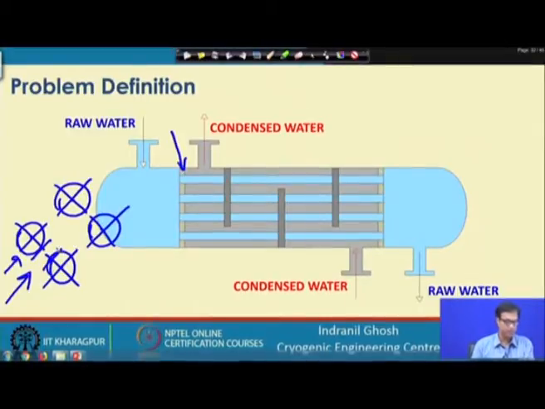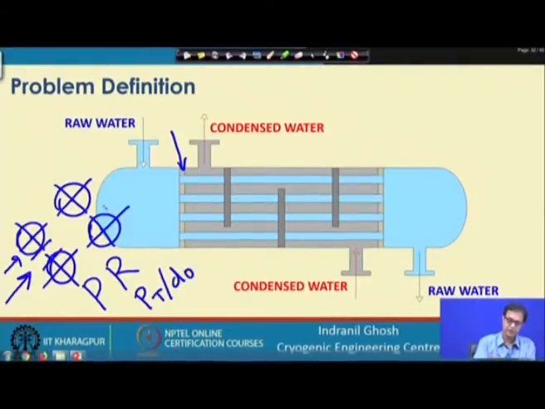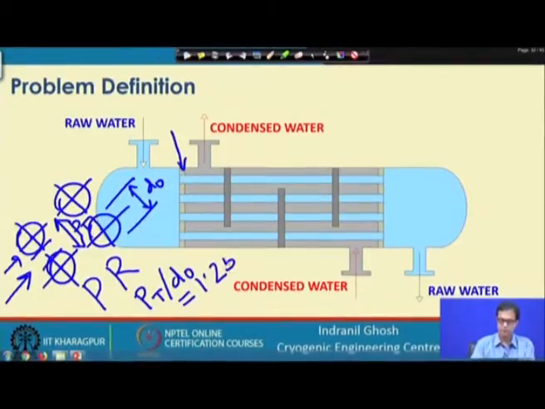So, this tube arrangement has already been specified. It is square pitch, and the pitch ratio PR, that is PT by D0, where D0 is the outside diameter and this is PT, is equal to 1.25. So, this has already been specified, and there is also the baffle spacing.